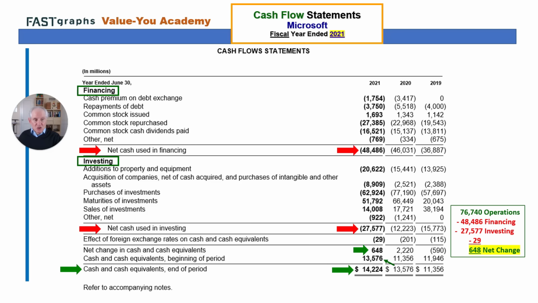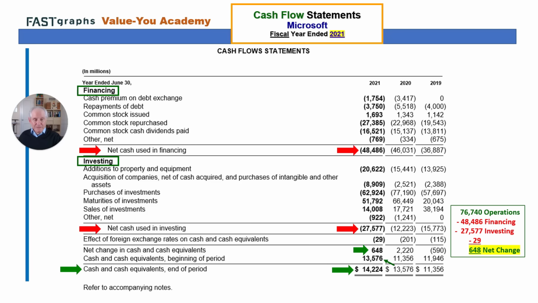So the change in cash during the year, we generated 76.7 from our operations. We used 48.5 rounded up in financing. We used another 27.6 rounded up in investing, 29 from basically foreign exchange rate changes, and there's the 648.